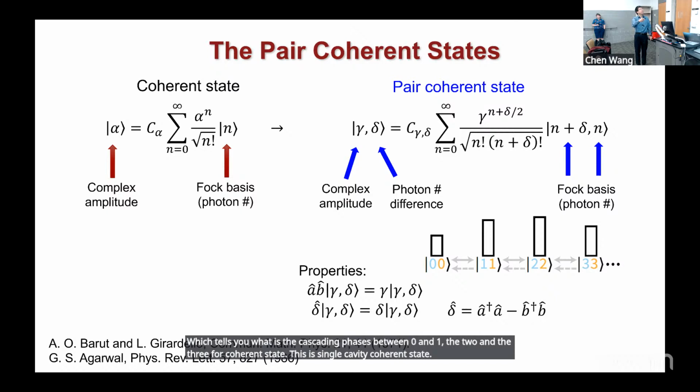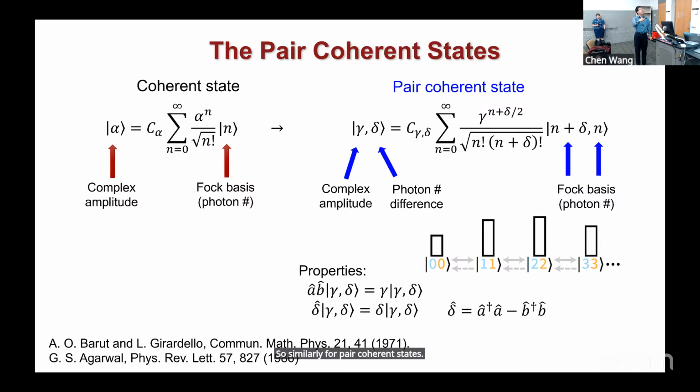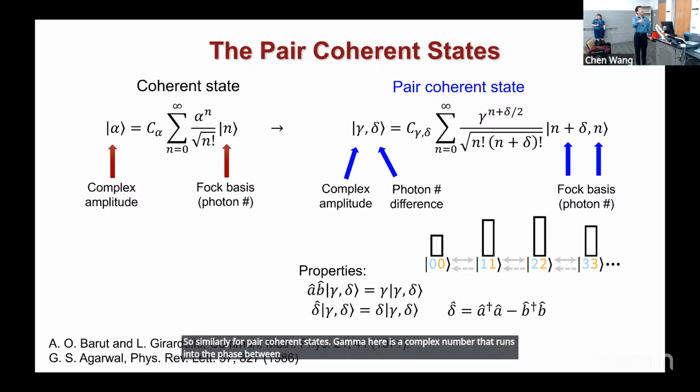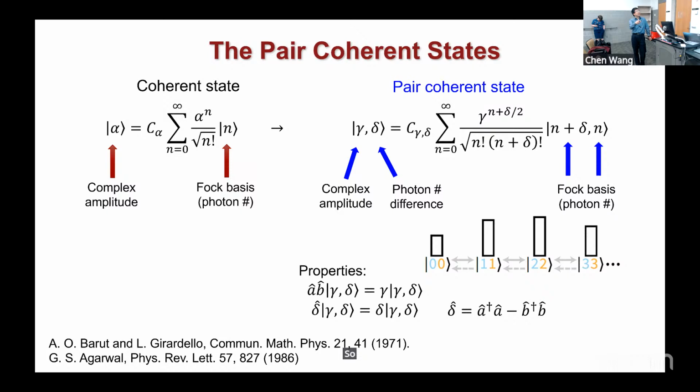Similarly for the pair coherent state, gamma is a complex number that sets the phase between 0,0 and 1,1, and between 1,1 and 2,2, and between 2,2 and 3,3. So that is the only phase that we have for a pair coherent state.